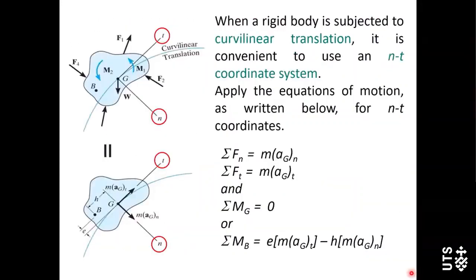In particle dynamics, we know when the path of motion of a particle is known, normal and tangential coordinates can be adopted. The direction perpendicular to the normal-tangential plane is the binormal direction. Binormal direction is not useful in planar rigid body kinetics.